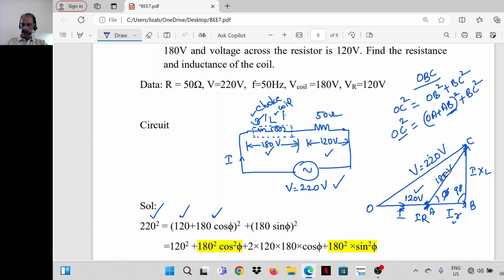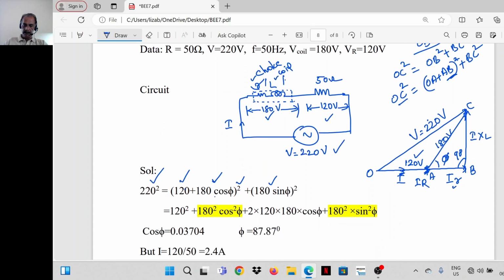Therefore, BC is equal to AC sin phi, or 180 sin phi. So we can write 220 square is equal to OA plus AB, that is 120 plus 180 cos phi, the whole square, plus BC, 180 sin phi, the whole square.